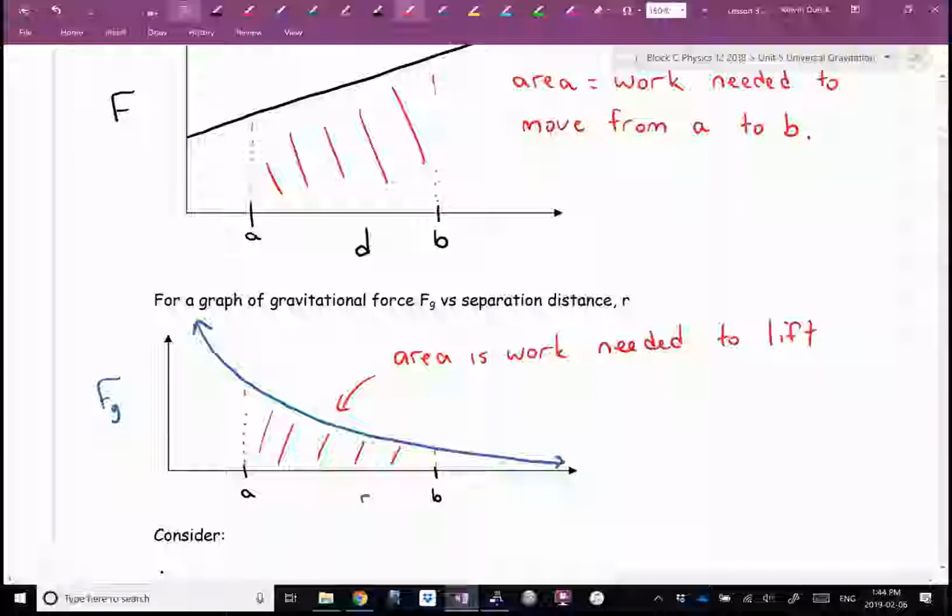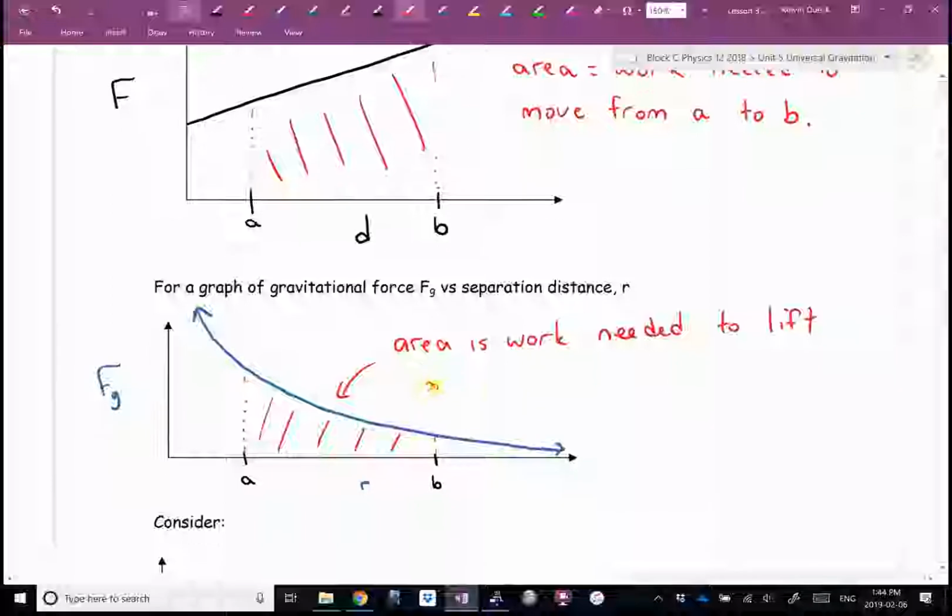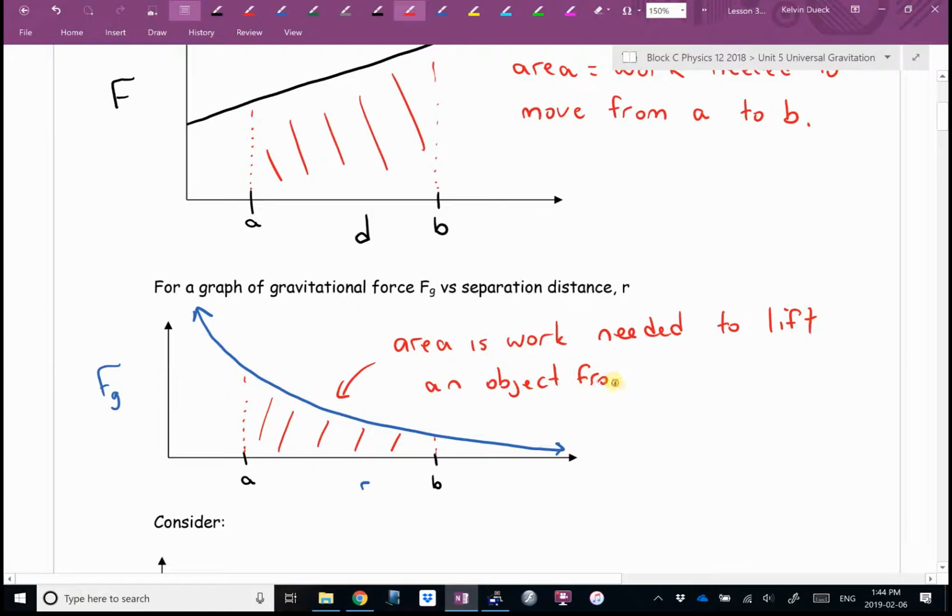Instead of moving, I'll call it lifting an object from A to B. This is the work needed to lift an object from location A to location B inside this particular gravitational field.